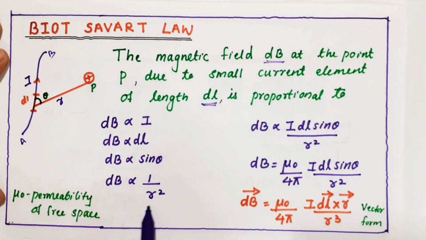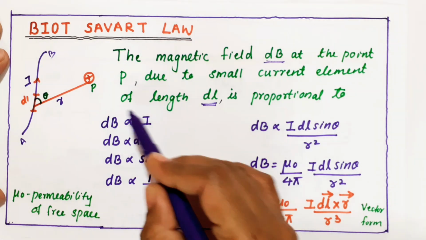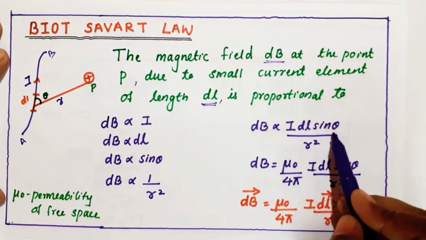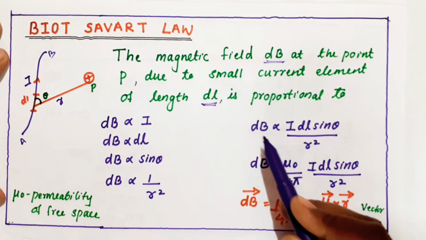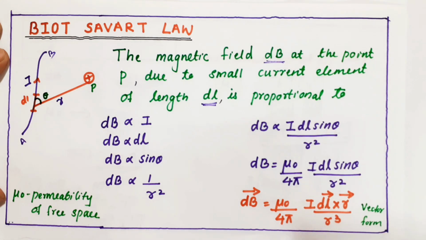Also the magnetic field is inversely proportional to r squared. So I can write it together: dB is proportional to I dl sine theta by r squared.